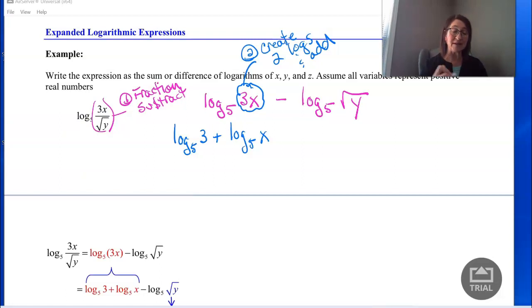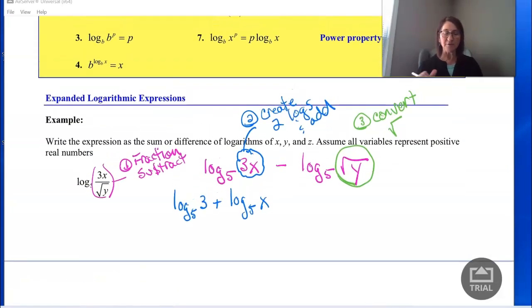Now, with this next log, I am going to convert my square root to a fractional exponent and use the power rule.